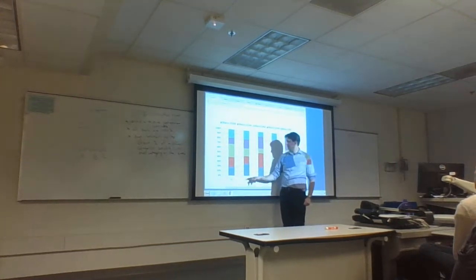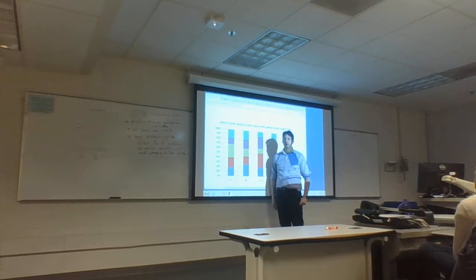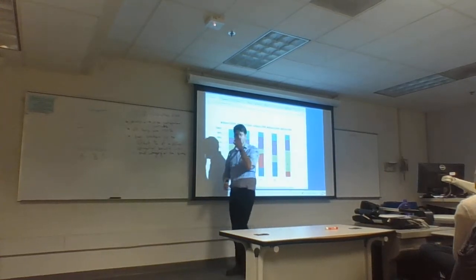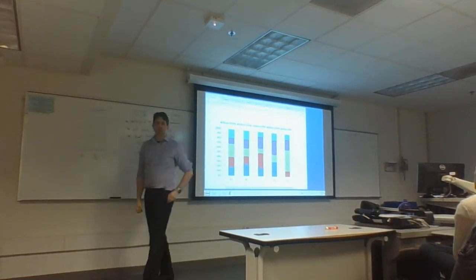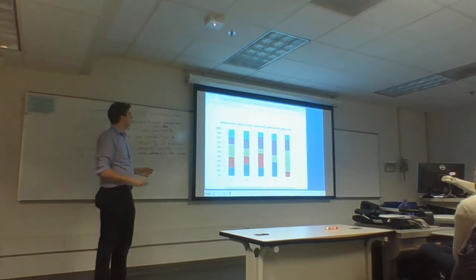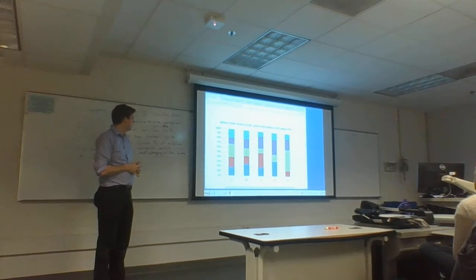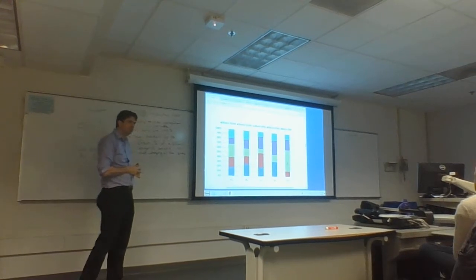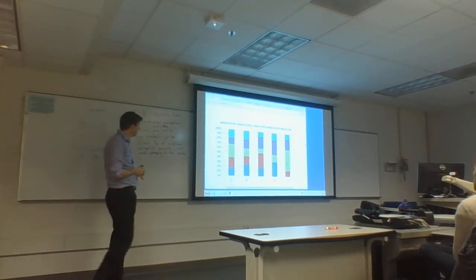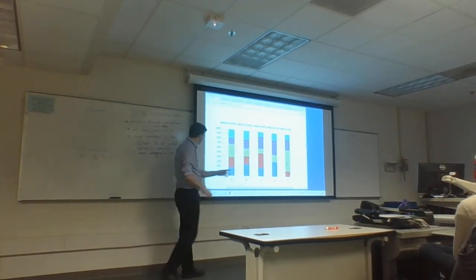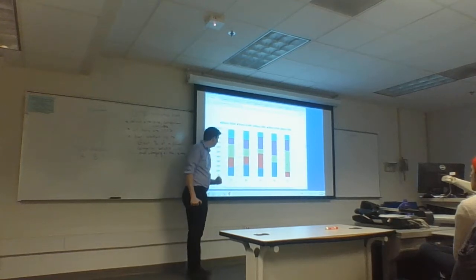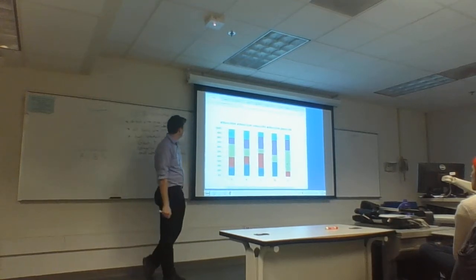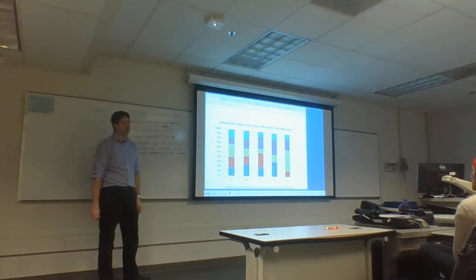What percent of B's went to each class? So, what percent of B's went to macro at 10 a.m.? 23%. Yeah, about 23% or 25%, roughly, right? You see that. What percent of B's went to macro at 11 a.m.?